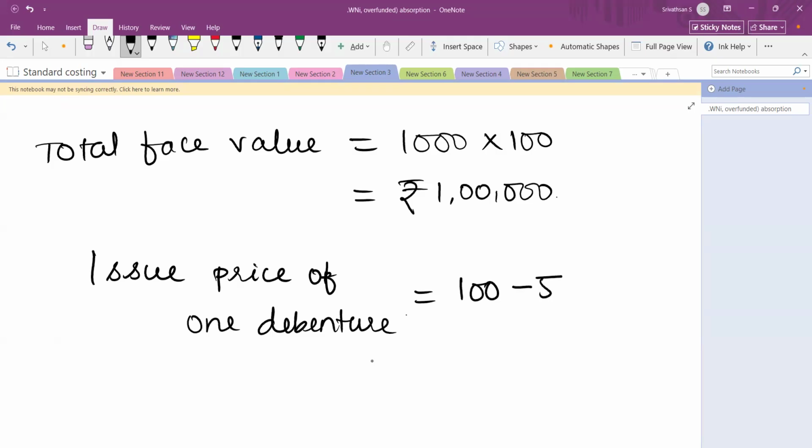So 100 minus 5, it is issued at a discount of 5%. So 5% of 100 is nothing but 5 rupees, minus there is a flotation cost of 5 rupees again. So the total issue price is rupees 90 per debenture, right?